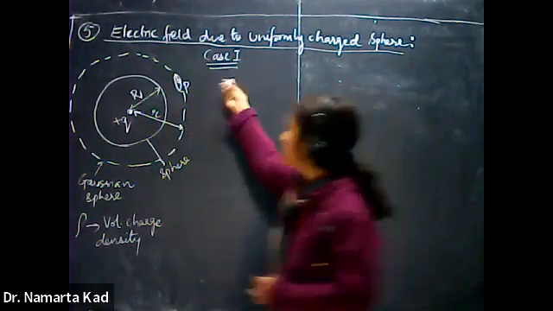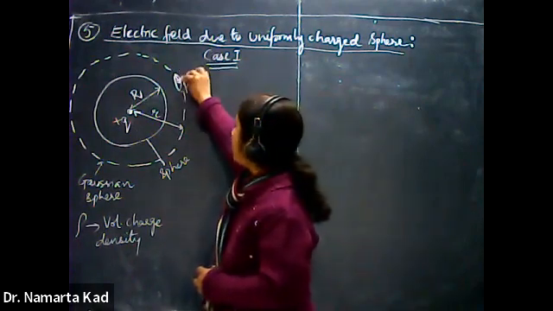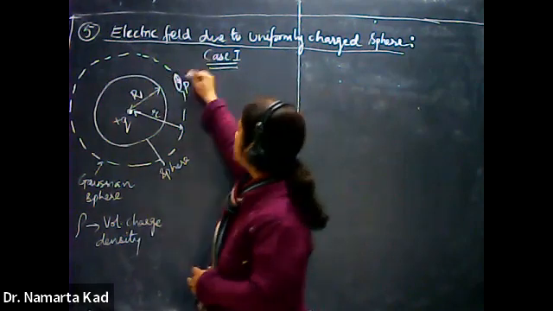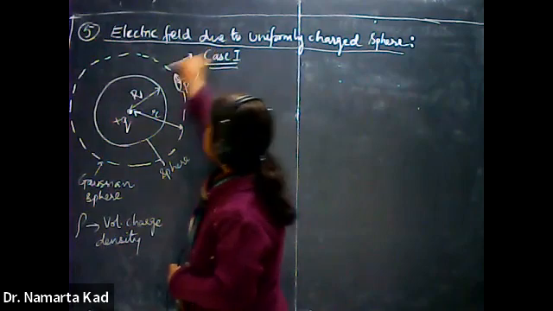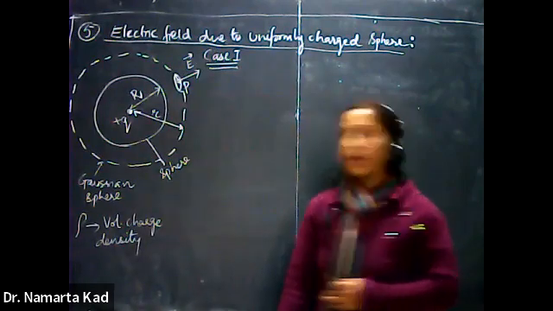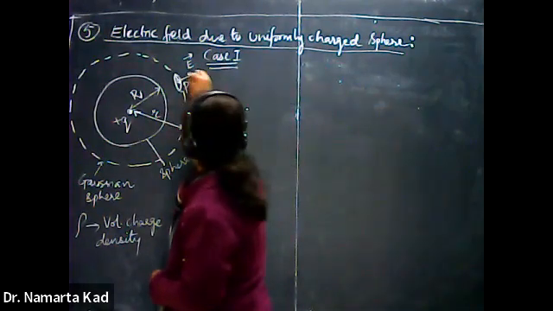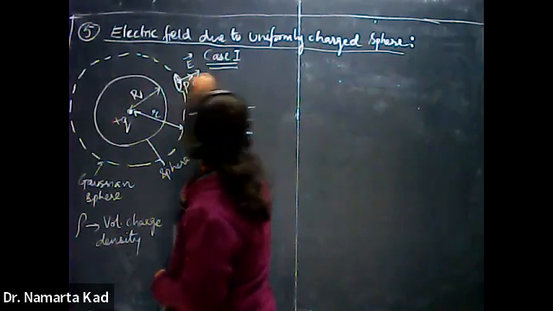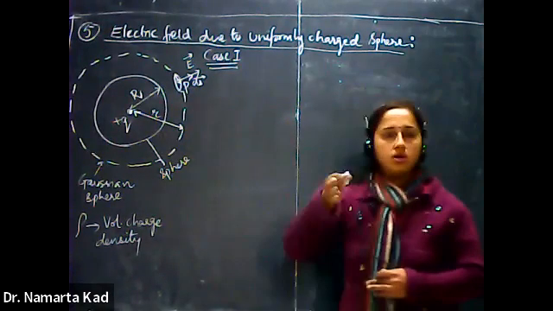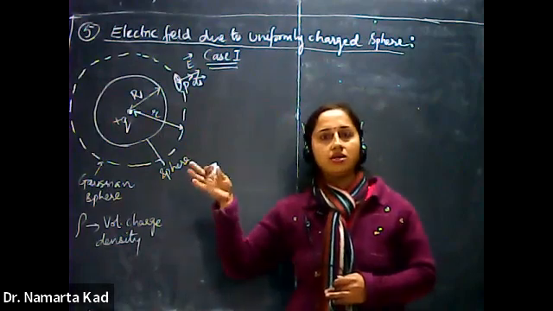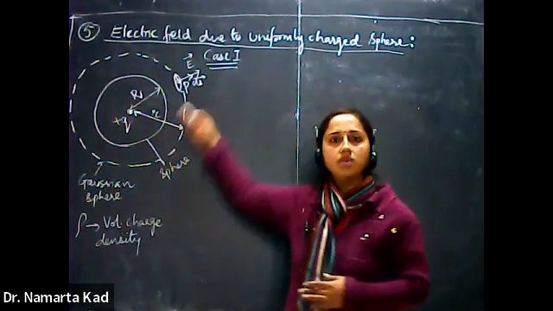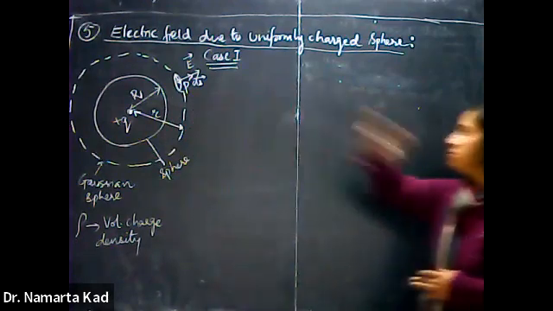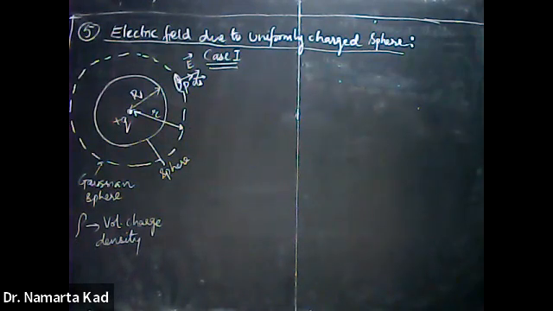So let us see here any point P, and as it is a positive charge, the direction for the electric field vector is this, and the direction for the ds vector is also this. Both the E vector and the displacement vector are pointing outwards for any point outside the sphere. So this is our first case, in which we are considering any point outside.